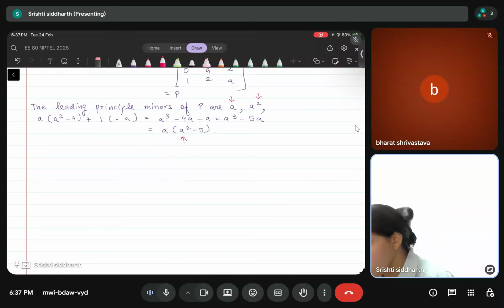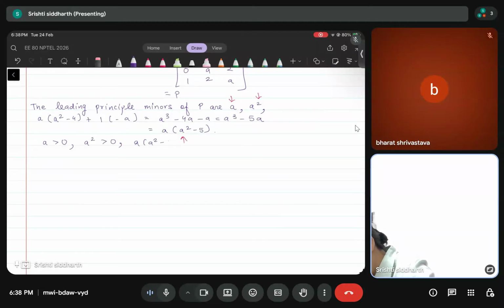Okay, so Vx is positive definite if all of the principal minors of P are positive, right? So a should be greater than 0, a square should be greater than 0, and a square minus 5 should be greater than 0.